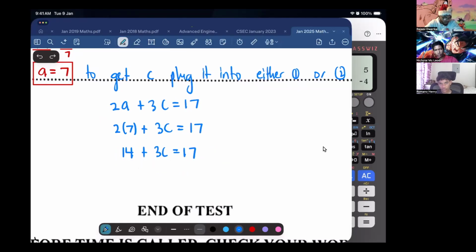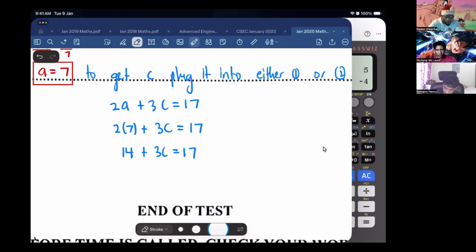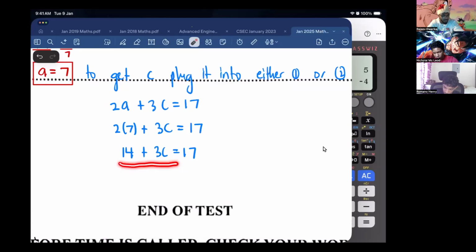So if we want to find C, we want it to eventually look like this. C should be the only thing on the left-hand side, right? Kimmy, what is the C term on the left-hand side? 3C. Right, so we want 3C to be the only thing on the left-hand side.